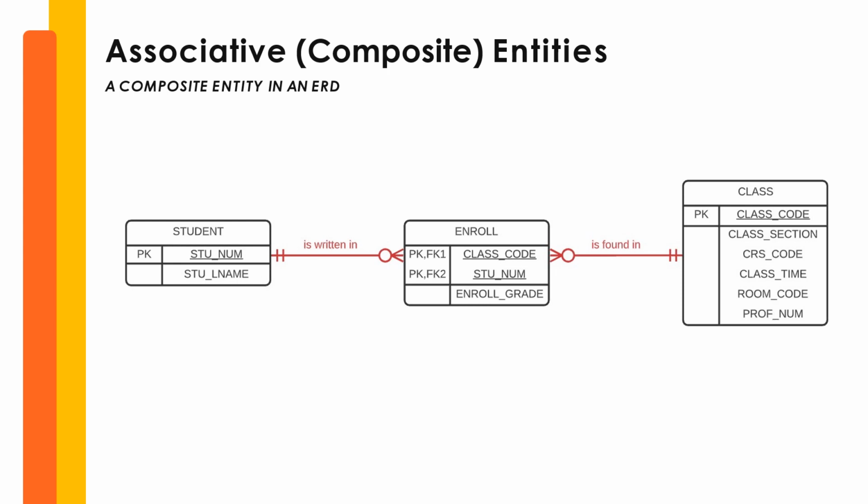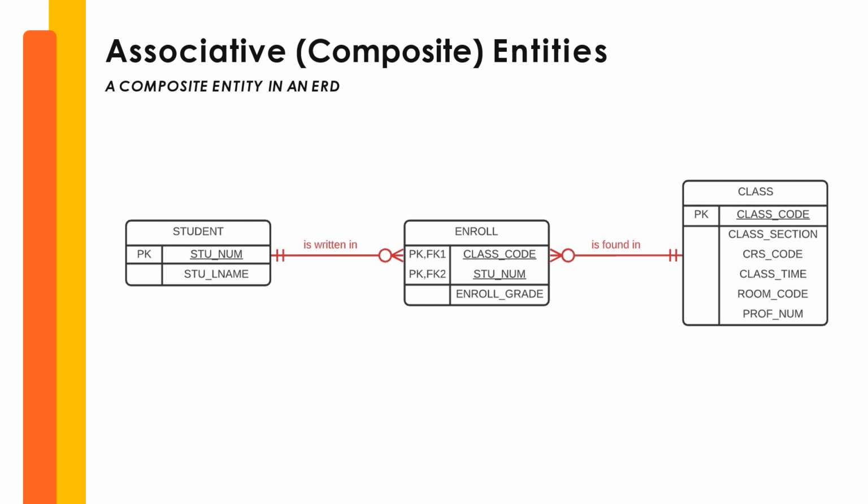And as you can see in the enroll, you have one-to-many relationship going from the original entities to the composite entity. And also in the associative or composite entity, the primary key that you have are precisely the primary key in your original entities, which are the class code for the class and the student number for the student.